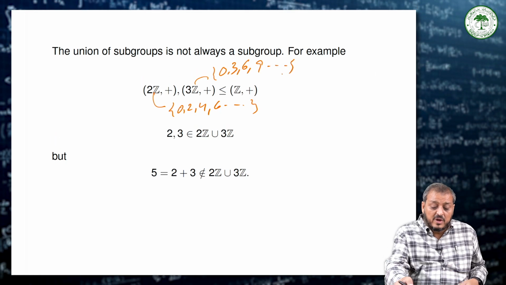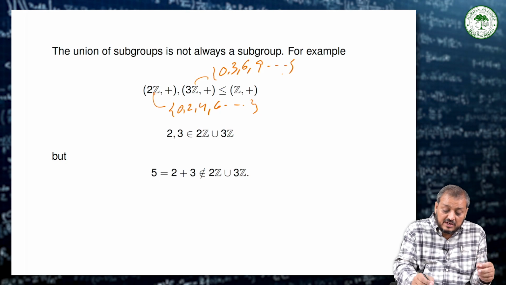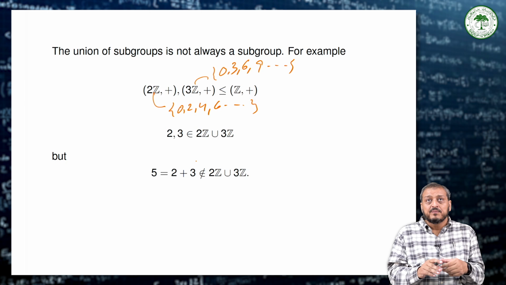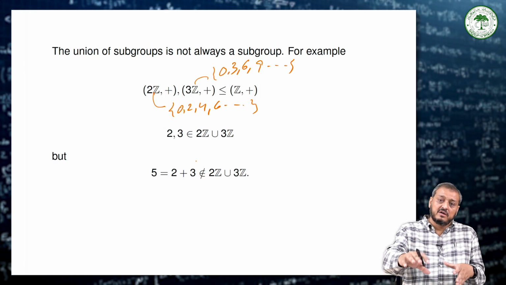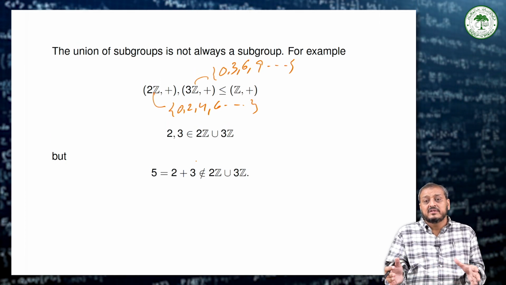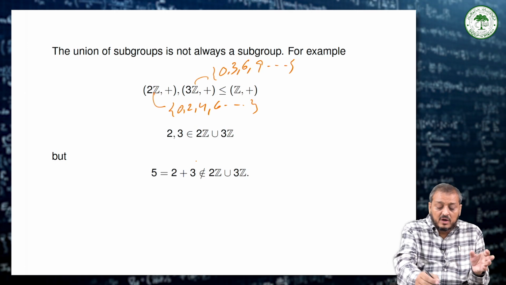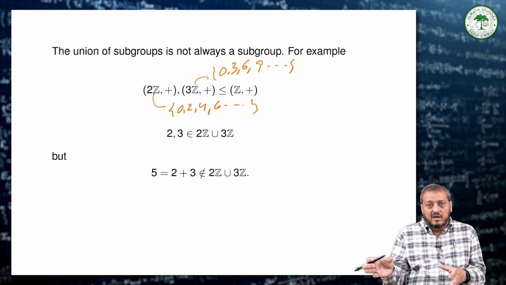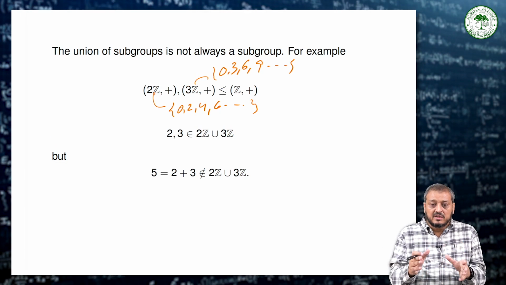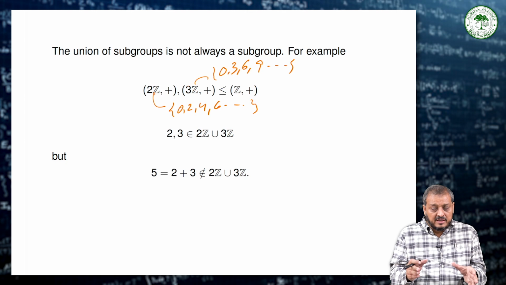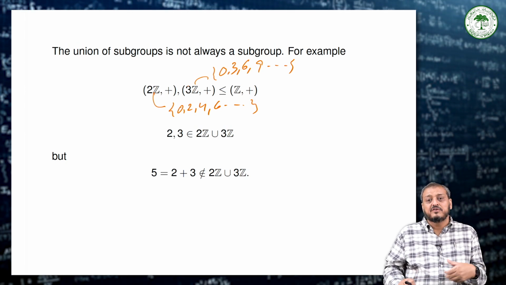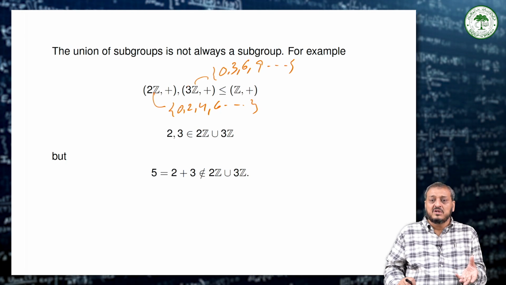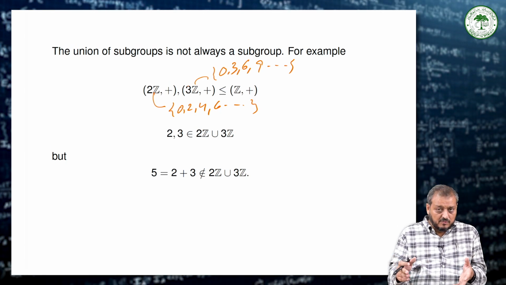Taking the union of these, clearly 5 does not belong to the union of 2Z and 3Z. So 2Z and 3Z are subgroups of Z, but their union is not closed under the binary operation addition, so it does not form a subgroup.